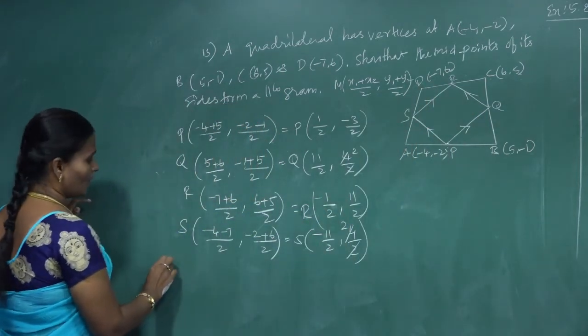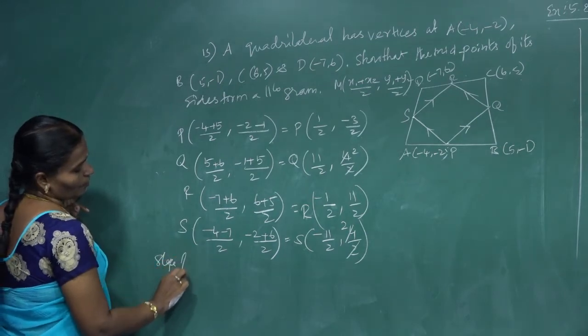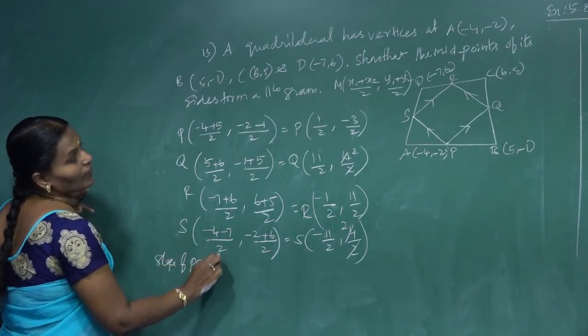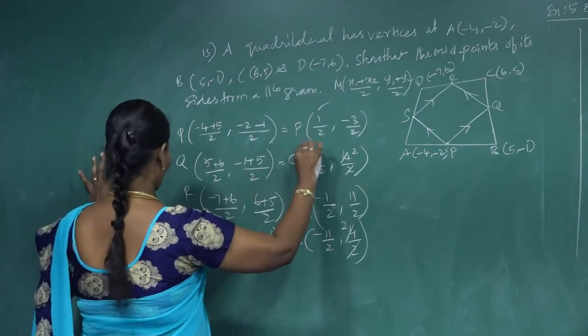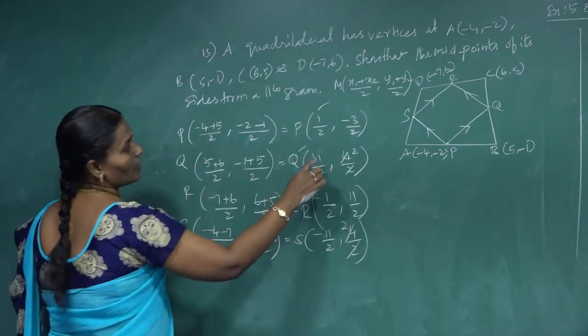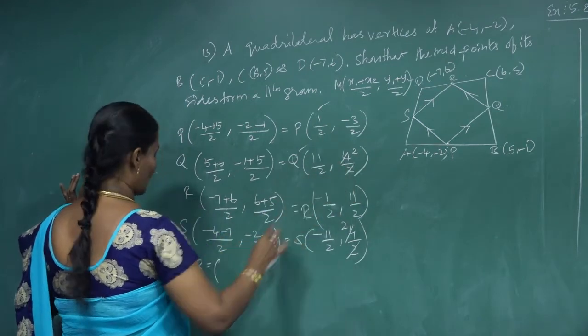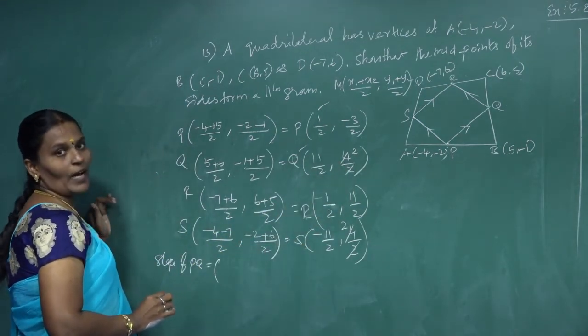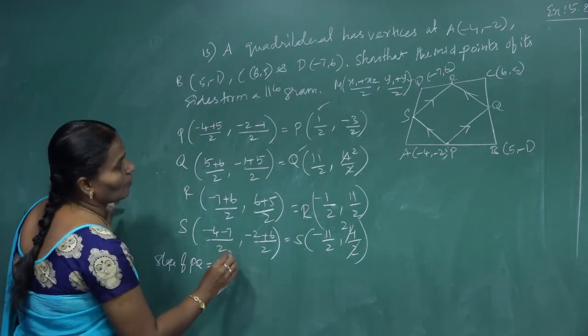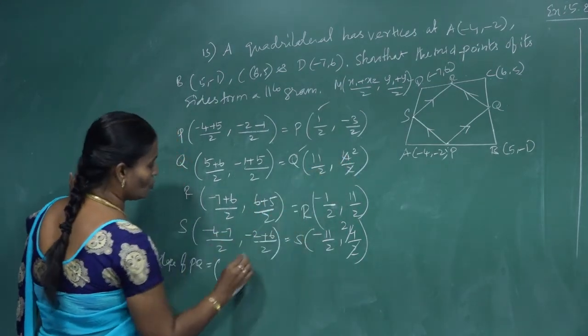Okay. The slope of PQ, see where is P and Q? This is P, this is Q. Okay. So you consider this x1, y1, x2, y2. So you know the slope formula, (y2 - y1)/(x2 - x1). Here y2 is 2.